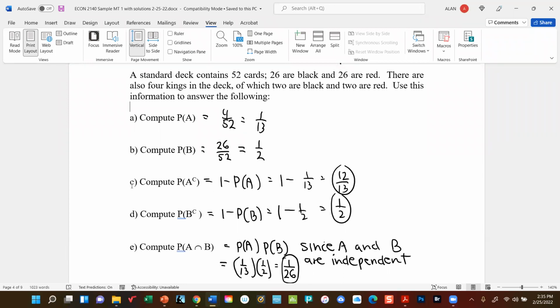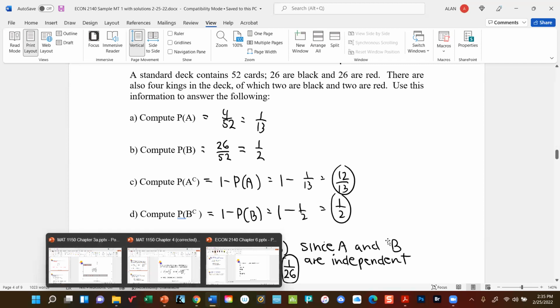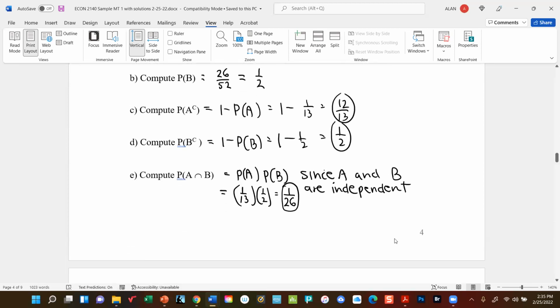Now, this is where it gets interesting. You might recall that the multiplication rule is applied to cases where we're trying to calculate the probability of an intersection. You also might remember that there's a simplified version of the multiplication rule, and it is only meant to be used when A and B are independent.